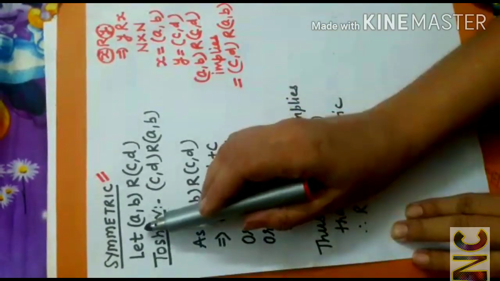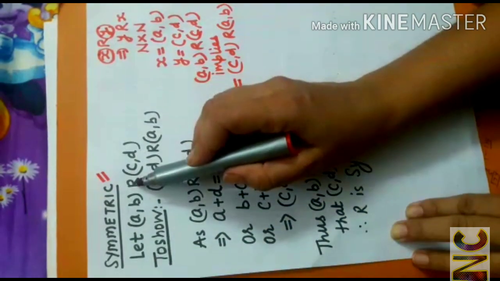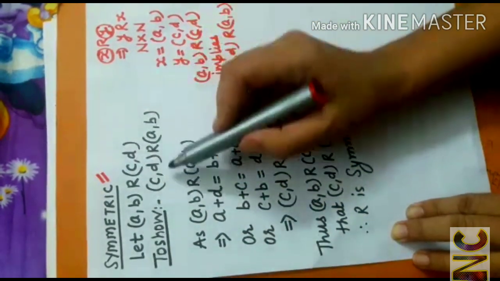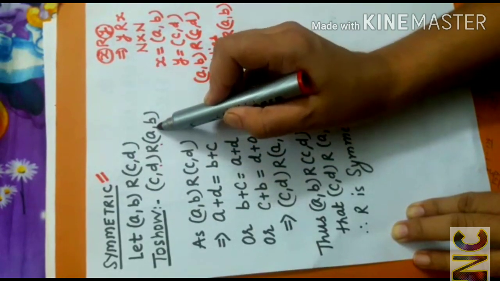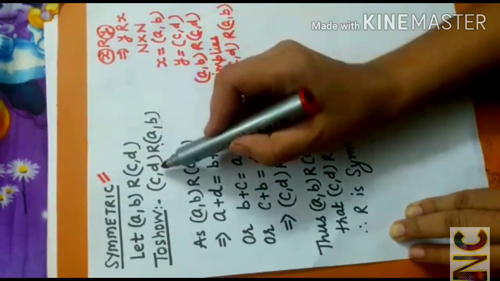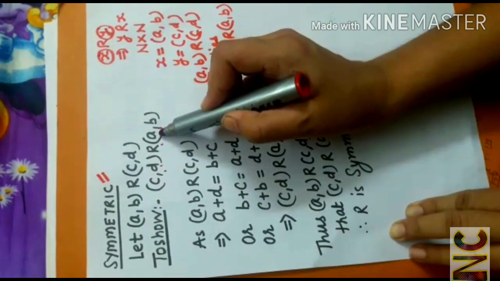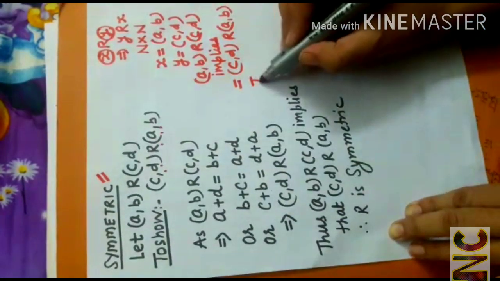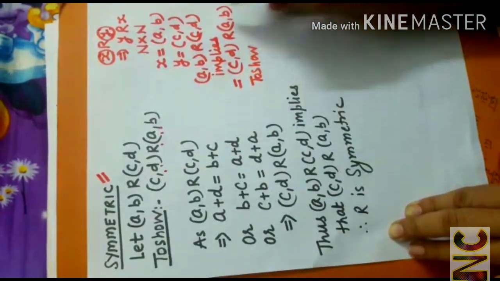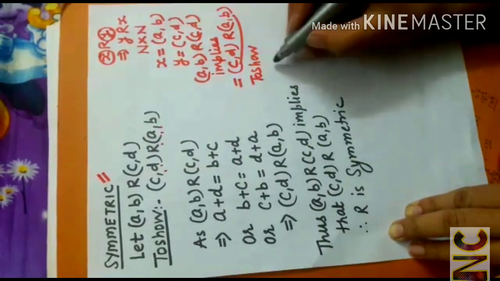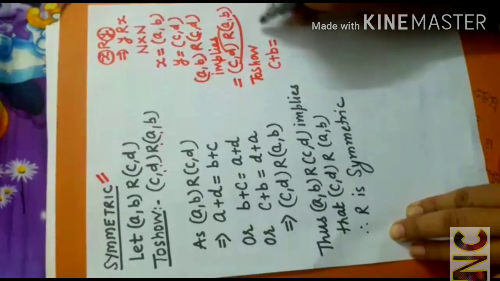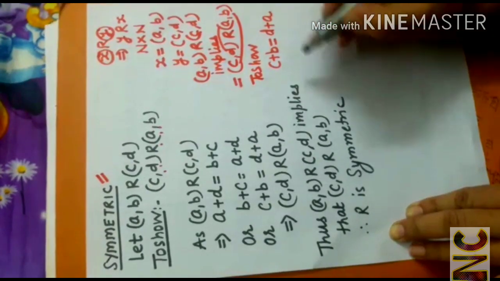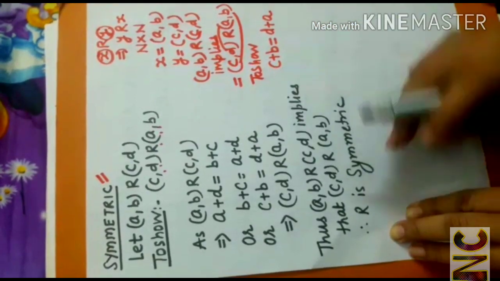So let (a, b) be related to (c, d), and I'll show that (c, d) is related to (a, b). Now this will be related to this if I am able to show that the sum of these two, that is c plus b, is equal to the sum of these two, that is d plus a.